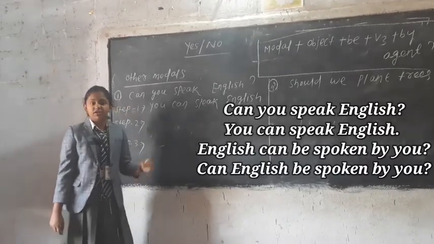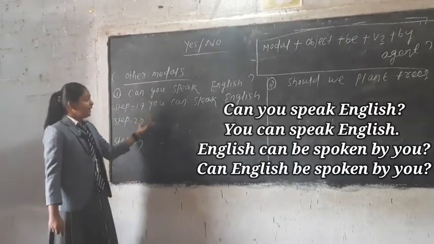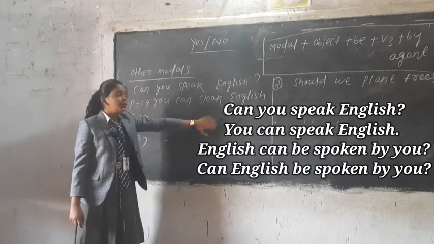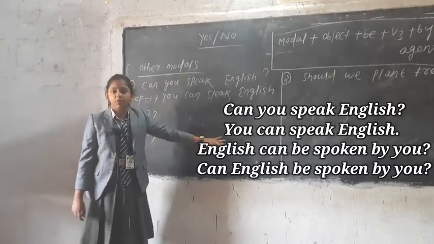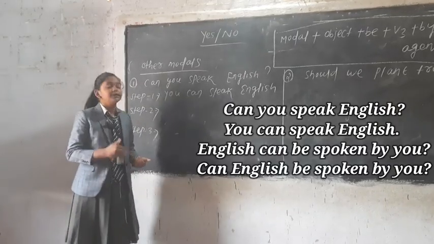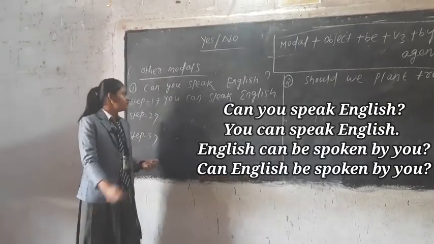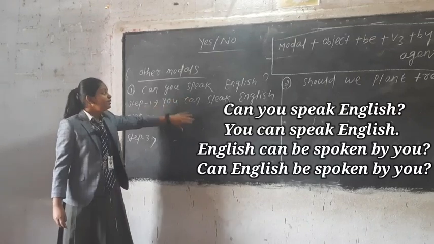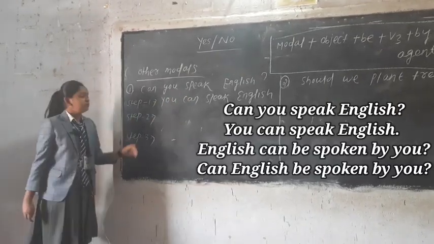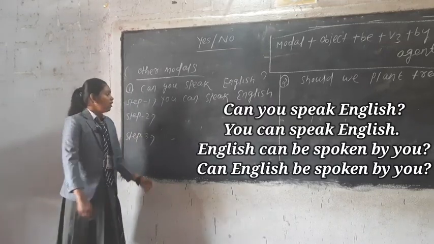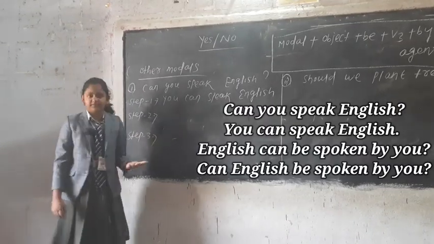So step 2 is to passivize the sentence in affirmative. English here is the object, it becomes the subject. English can be spoken by you. Speak is in the verb 1 form, spoken will be in the verb 3 form in the passive voice. Can will remain the same in the passive voice. And step 3 is to interchange the position of the modal verb and the subject.